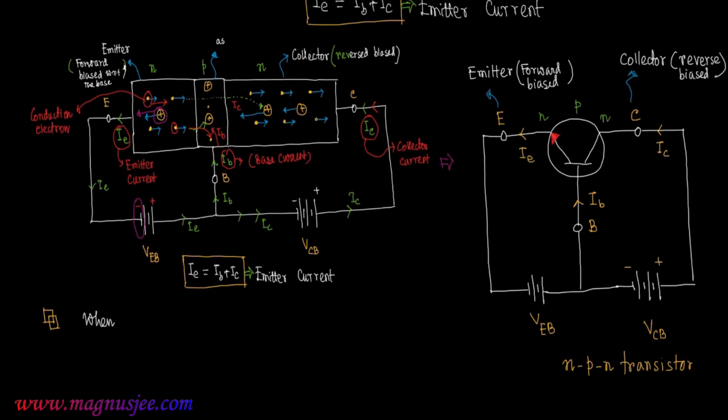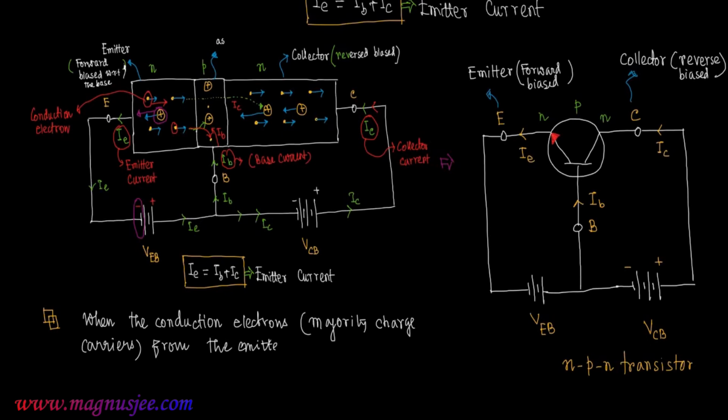In this case, the additional information is what? When the conduction electrons, which are the majority charge carriers from the emitter (under bracket E), enter the base region (under bracket B), what will happen?